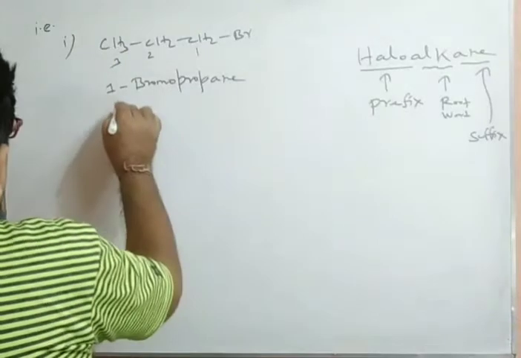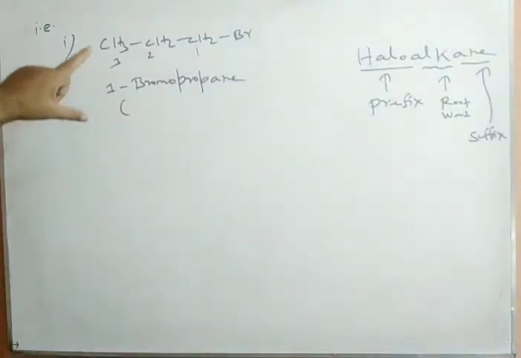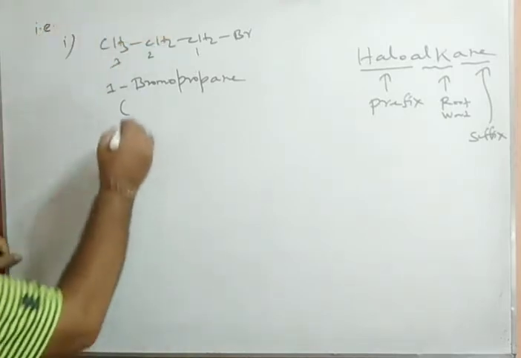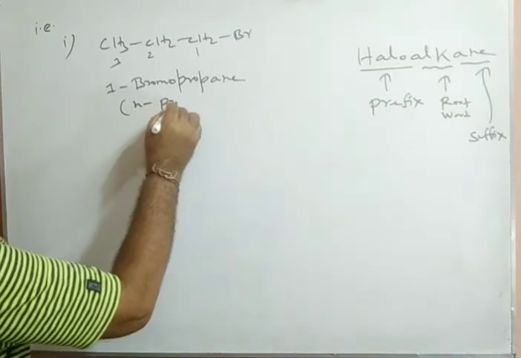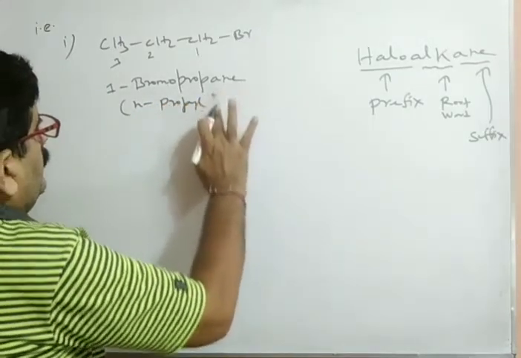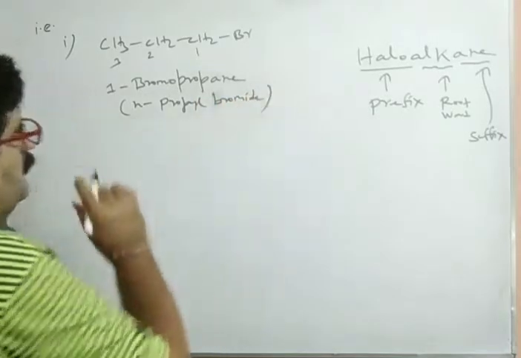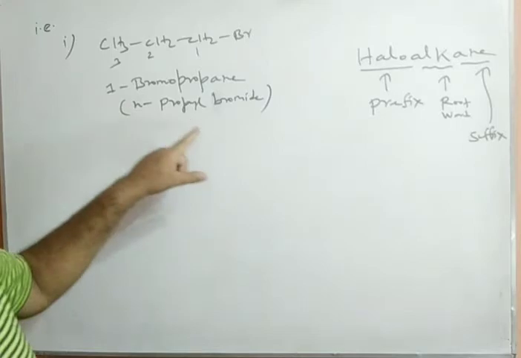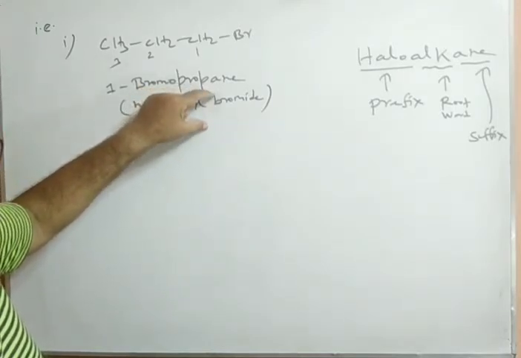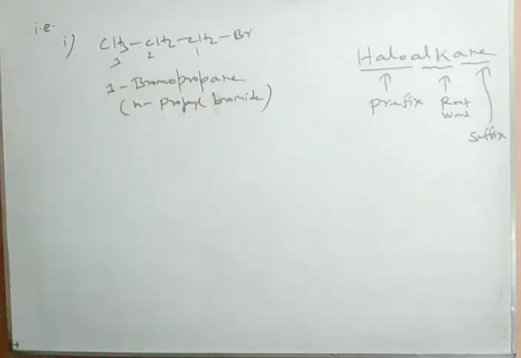So according to the trivial name, the name of this compound is normal propyl bromide. In brackets, the general name is written, and this other name is said to be the IUPAC name.